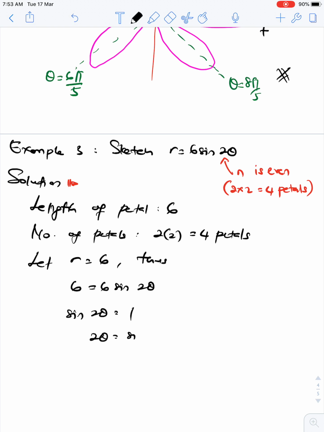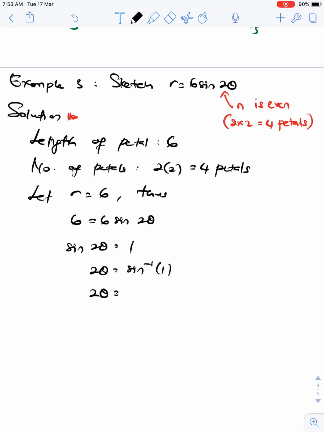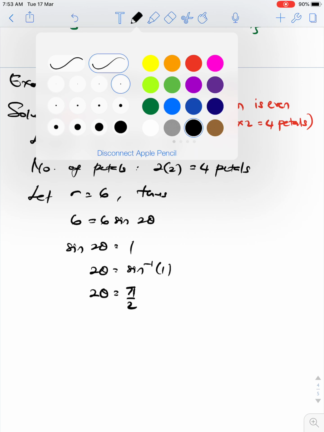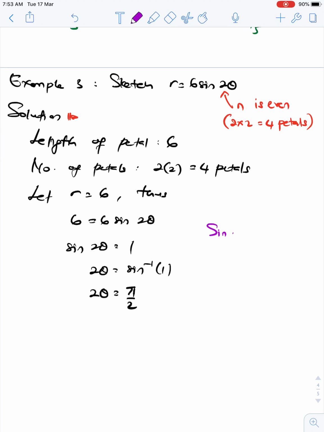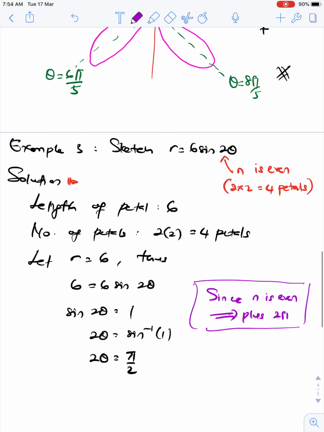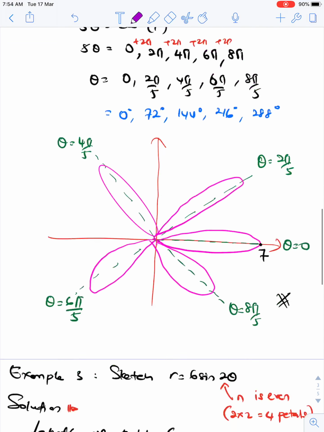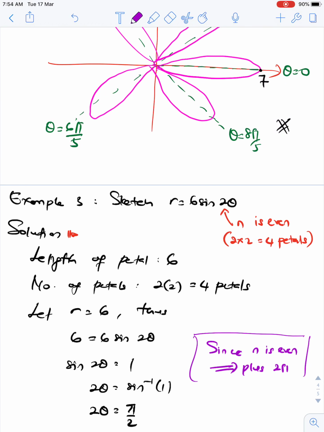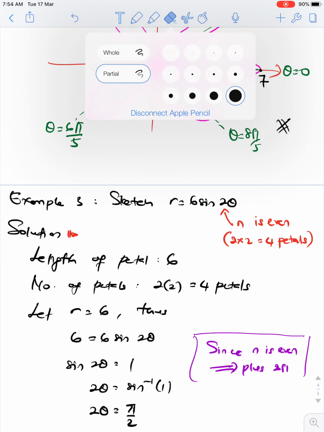So 2 theta equals arcsine of 1. Use your calculator, then you can get 2 theta equals arcsine 1 equals 90 degrees or pi over 2. Now, in this case, since n is an even number, it should be a bit different from the previous example. Previously we added 2 pi. Sorry, I want to change this.